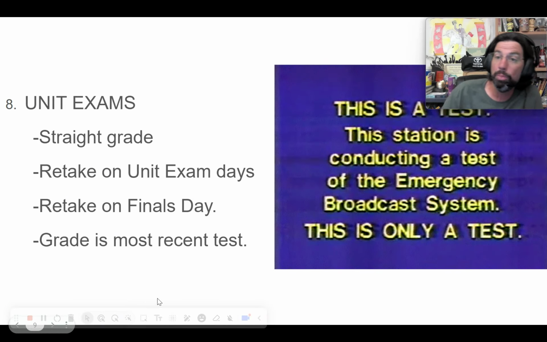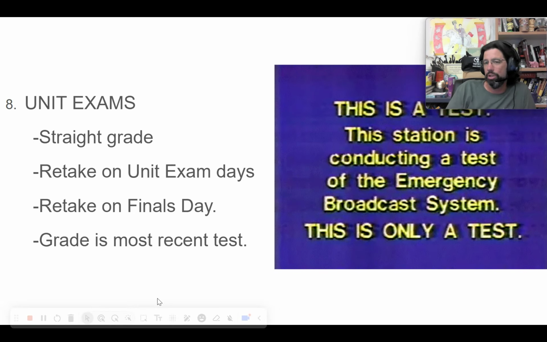Unit exams are a little bit different. Just to let you know, unit exams, except for some of the examples which I shift around, are literally those quizzes. I just take them and put them together because it's just confirming stuff that you already know. So if you do really good at the quizzes, you're going to do really good at the unit exams. It's a straight grade, bang, there it is.